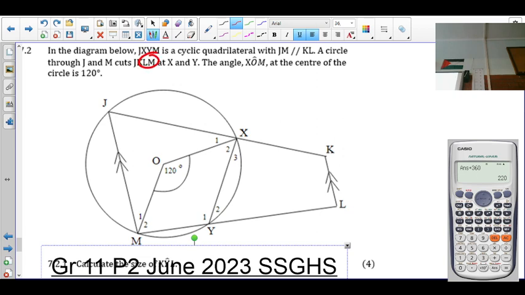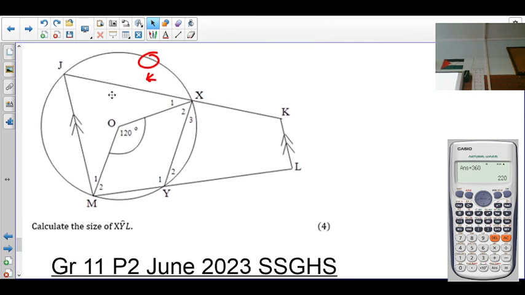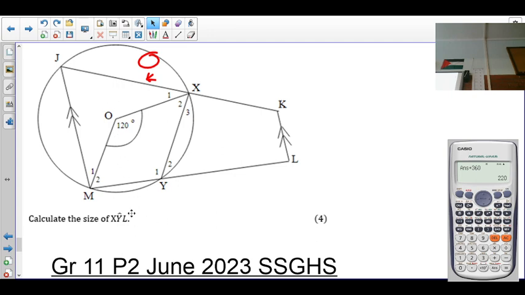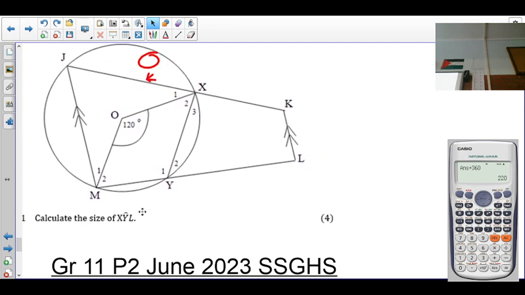Should have been K. At X and Y. Okay? Then we are told that angle XOM at the center of the circle is 120. So angle at center is twice angle at circumference. Okay. This is 7.2. So 7.2.1.